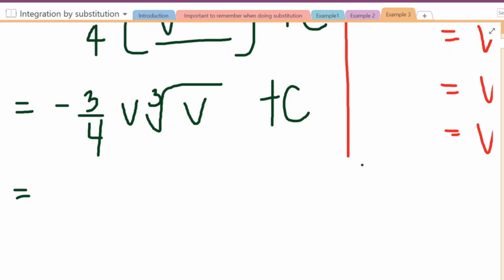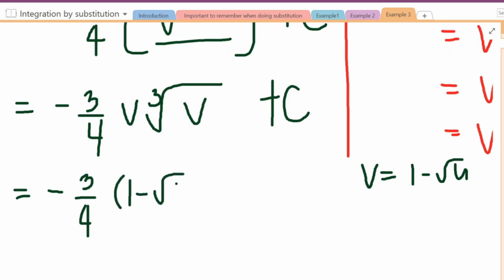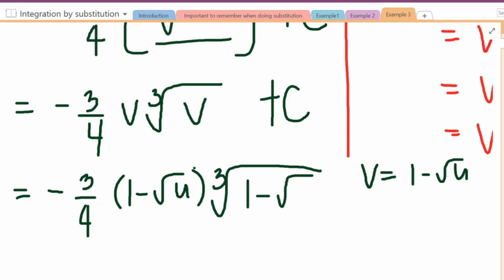Remember that v is equal to 1 minus square root of u. So anything that is v is changed to 1 minus square root of u. So we have negative 3/4, v is 1 minus square root of u, cube root of 1 minus square root of u plus c.